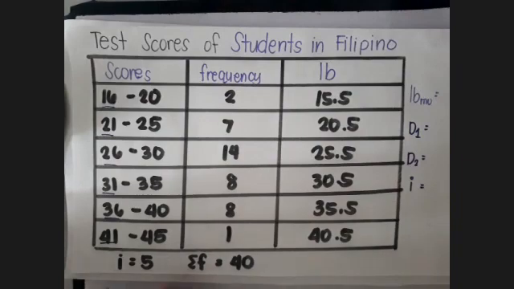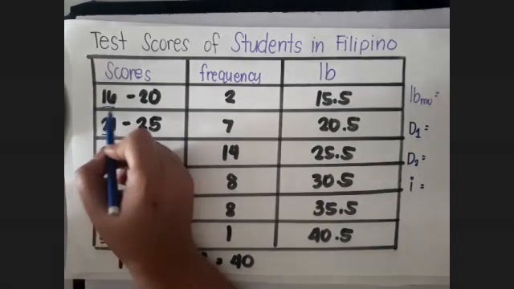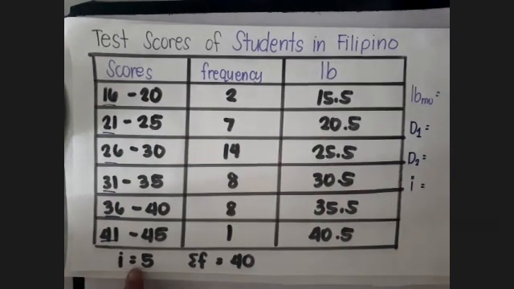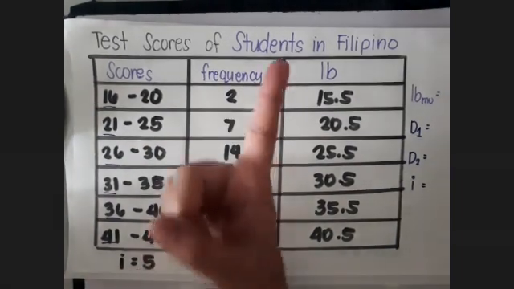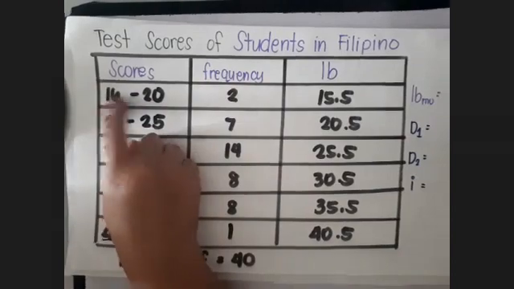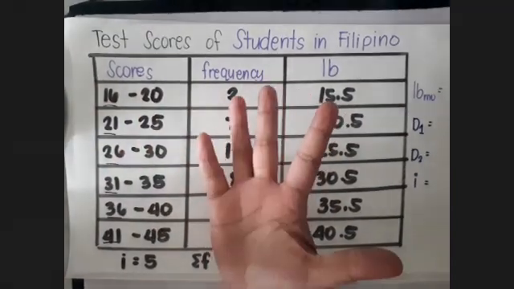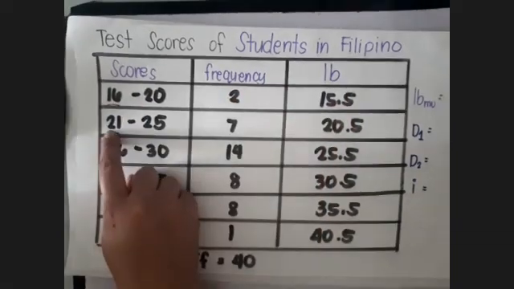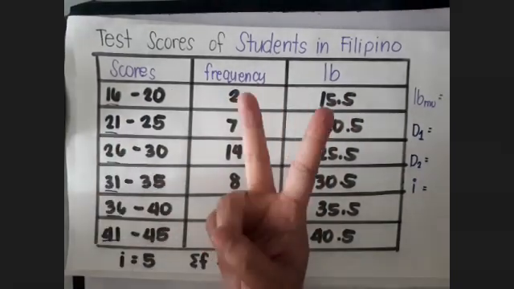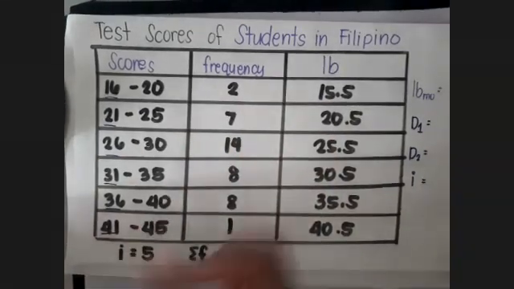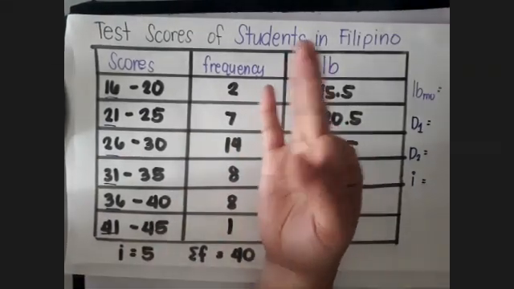Okay? So, kinumpute ko yung interval from 16 to 20, 21 to 25, so on and so forth. Doon nalalaman natin yung class interval or CI. So, sisimulan natin kay 16 to 20 ha. 16, 17, 18, 19, 20, 5. Let's check this one. 21, 22, 23, 24, 25. Another 5. Let's check 36 to 40. 36, 37, 38, 39, 40.